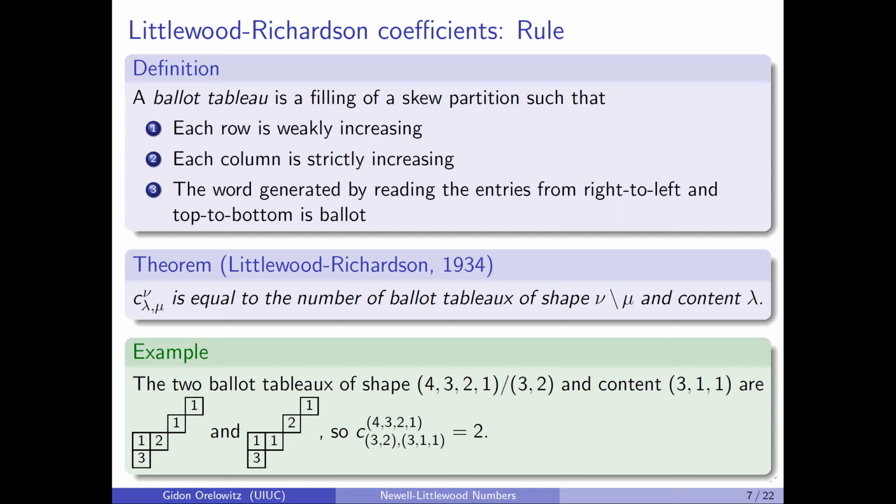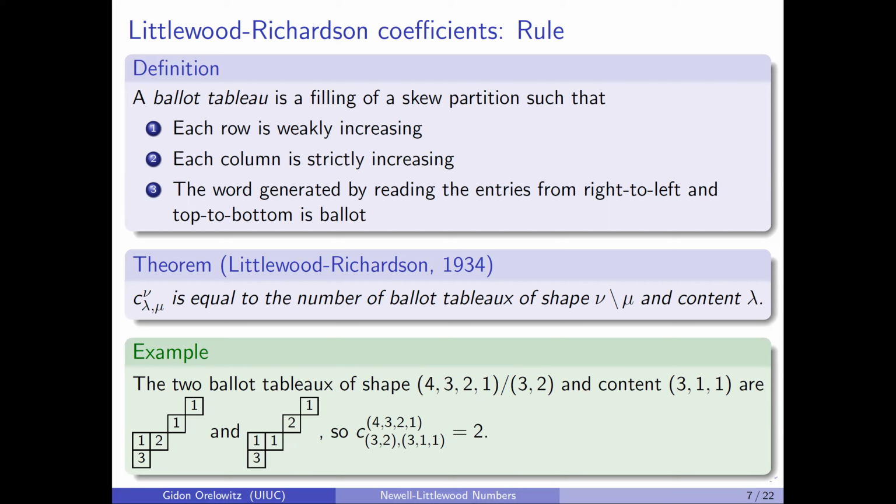Even if you fix the number of rows, say you have at most 4 rows, as the sizes get very large you could have a lot of different tableaux that you'd have to look at to check to see if they're ballot. It gets very messy, and the time it takes to compute these could get exponentially large.